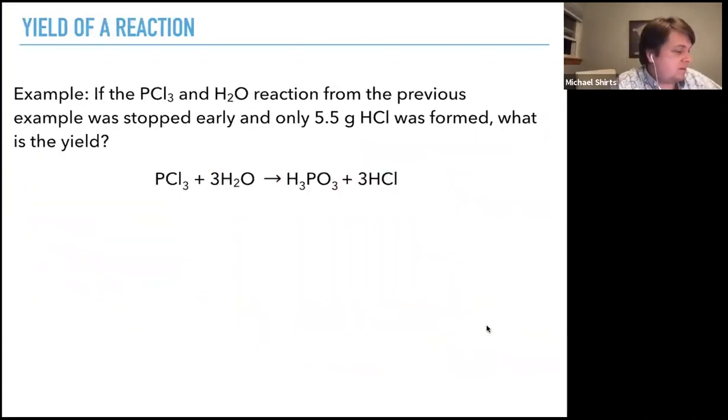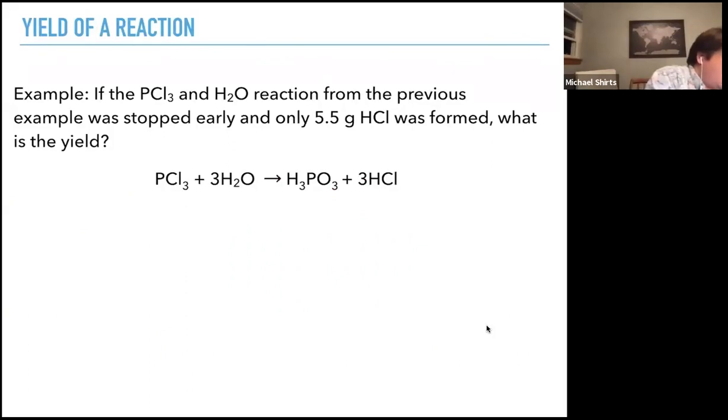So if the reaction we saw on the previous page was stopped early and only 5.5 grams of HCl was formed, what is the yield? In this case, it's pretty straightforward.